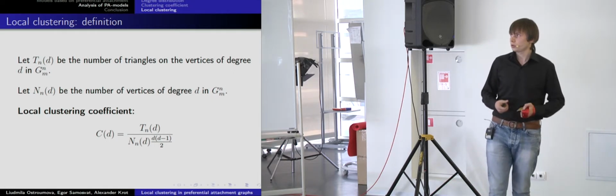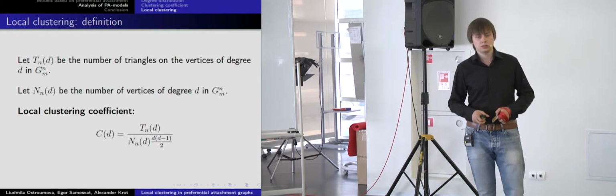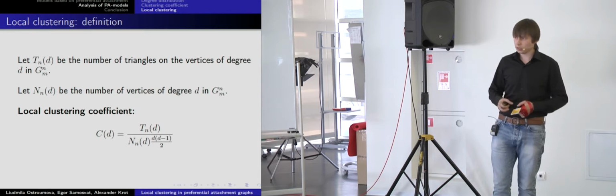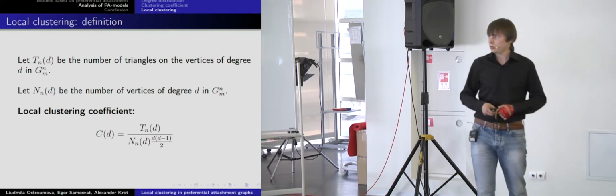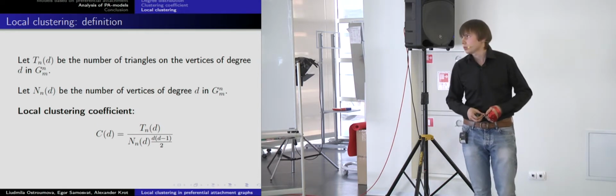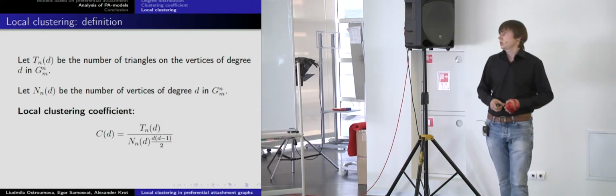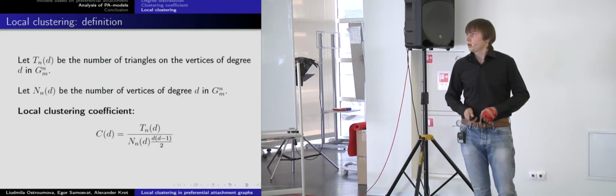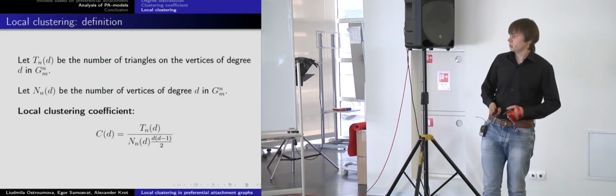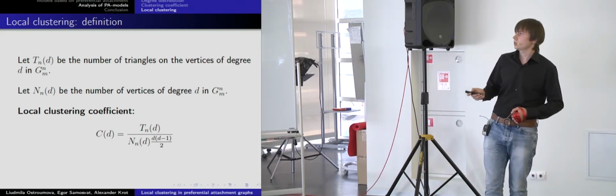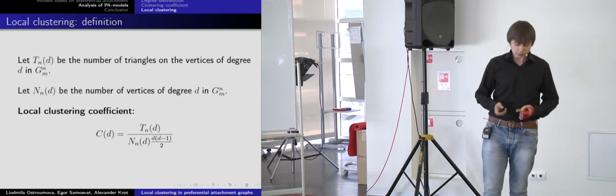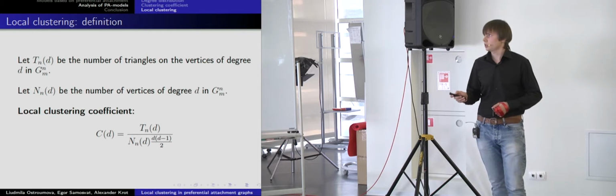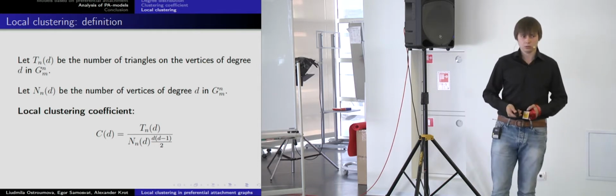The local clustering coefficient is the number of triangles divided by the number of vertices, and divided by d times (d minus 1) divided by 2. So to estimate it, as you remember, we already have the number of vertices of degree d, and we should estimate the number of triangles on the vertices of degree d.